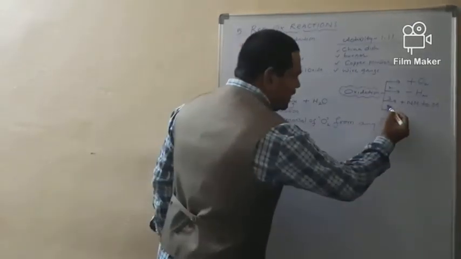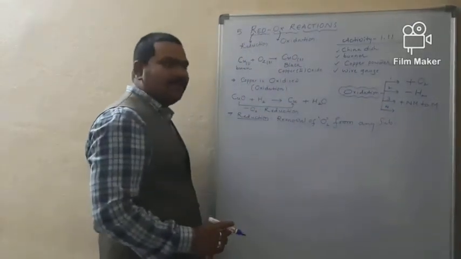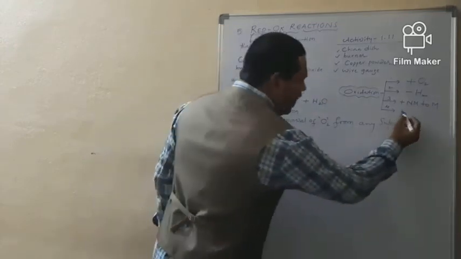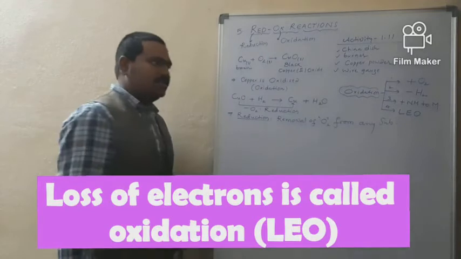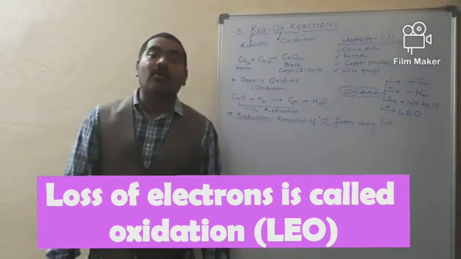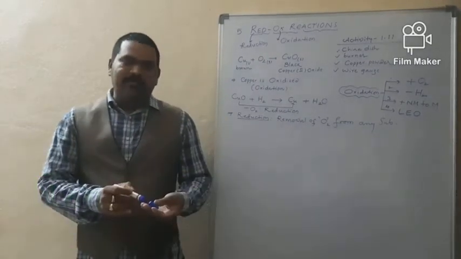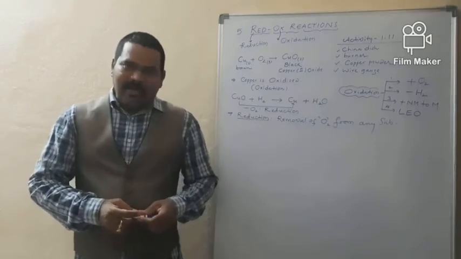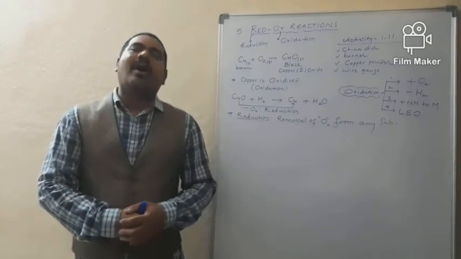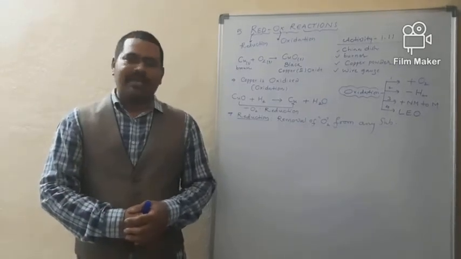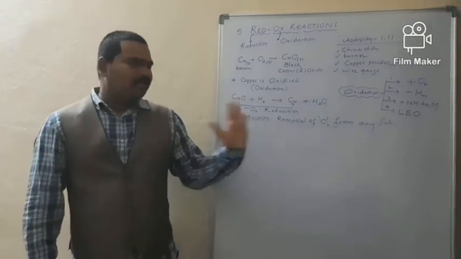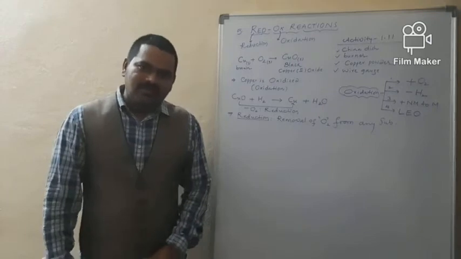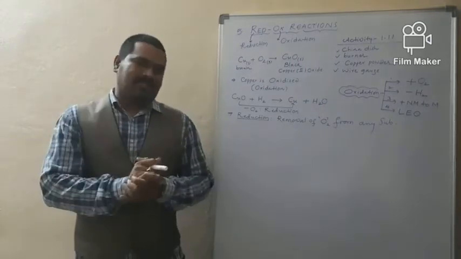And finally, on the basis of electron concept, loss of electrons is called oxidation. That is also called LEO. L-E-O stands for loss of electrons is oxidation. So in these 4 definitions, according to the situation, you can use any one of the definitions.